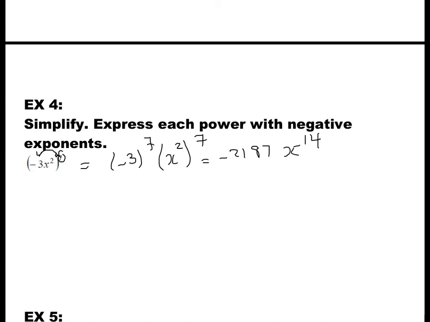Now, the only question is how can I change 14, which is positive, to a negative exponent? To change it to a negative exponent, I told you, you are going to flip the base and change the exponent to the opposite sign. So this becomes negative 2187 times 1 over x, exponent negative 14.